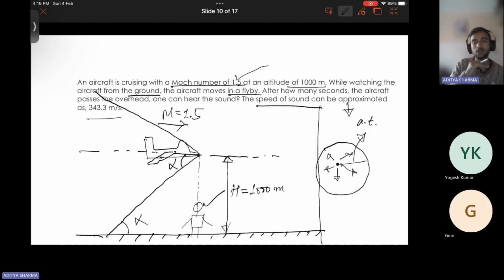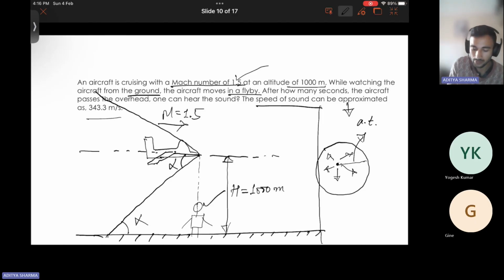But our aircraft, every time in this atmosphere, creates some disturbance in the form of sound. After creating that disturbance, it just escapes this circle.